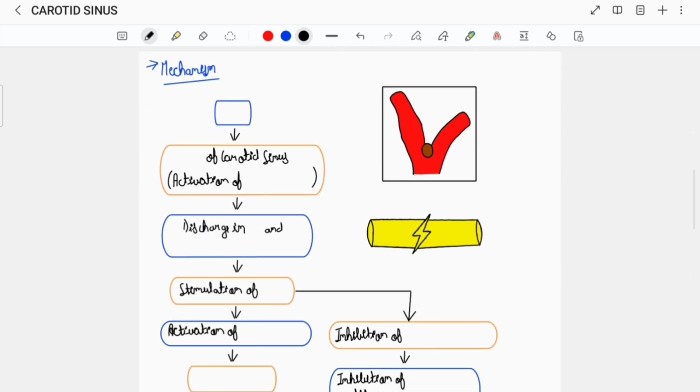Talking briefly about the mechanism. Whenever there is an increase in the blood pressure, it causes stretch of the carotid sinus, or say activation of the baroreceptors. This causes an increased discharge in the 9th and the 10th cranial nerves.